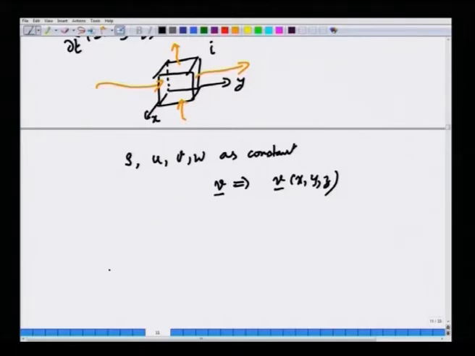Okay. So, when we do that, let us try to write the flux terms at phase x. Phase x is where the fluid is coming in like this. The inlet mass flow. So, let me draw the figure again for simplicity.